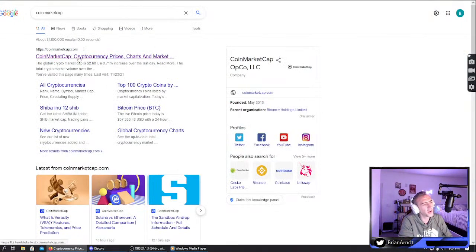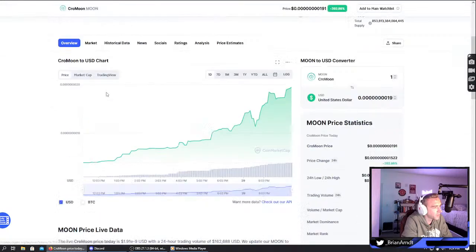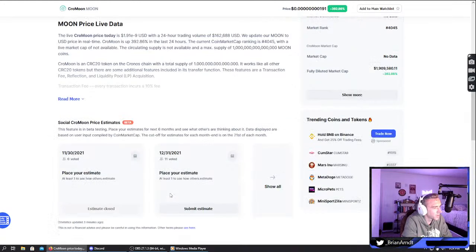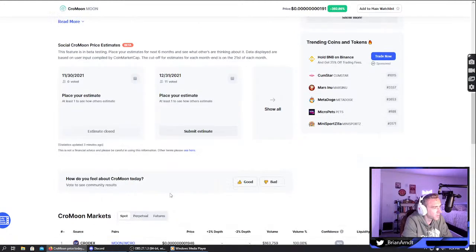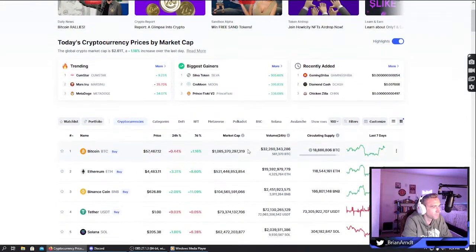Let's go to CoinMarketCap really quick, check some of that out. Oh, look at that. Cumstar trending 9%. Mars, Inu, MetaDoge, Silva token, CRO Moon. Chronos Chain. Diamond Cash, Chickenzilla.